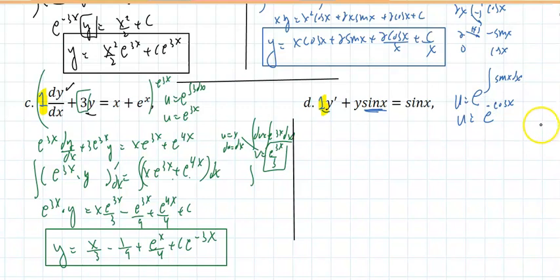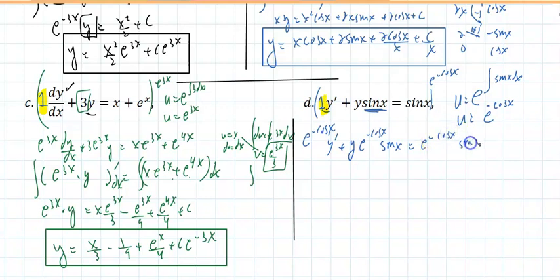So, if I multiply this by e to the negative cosine of x, both sides, I'm going to get e to the negative cosine of x y prime plus y e to the negative cosine of x times sine of x equals e to the negative, and let me make sure that's right. Yep. E to the negative cosine of x times sine of x.